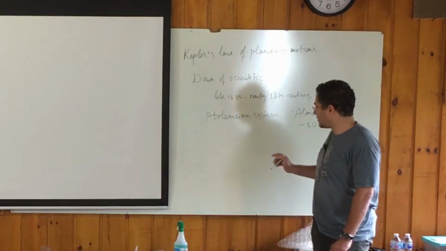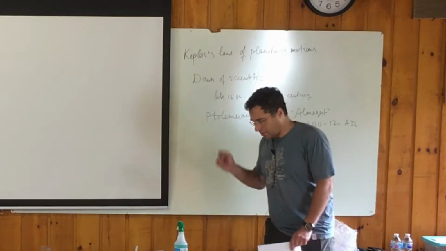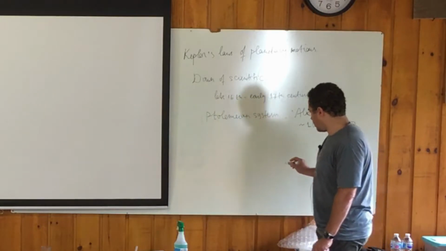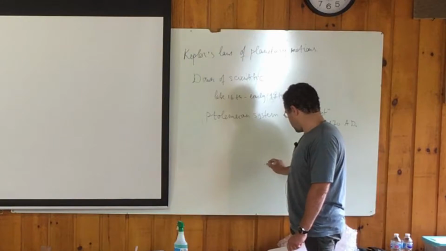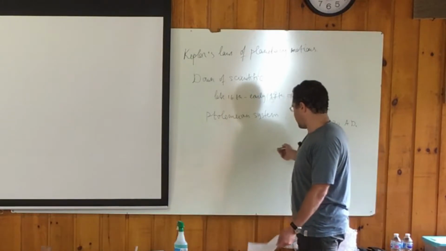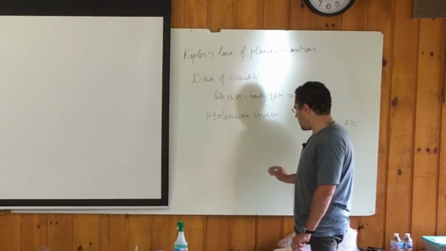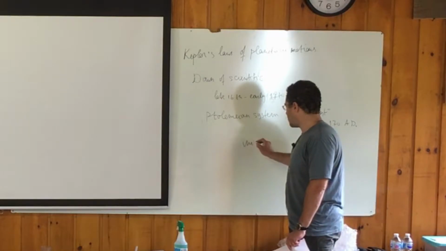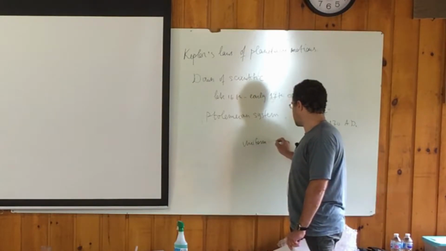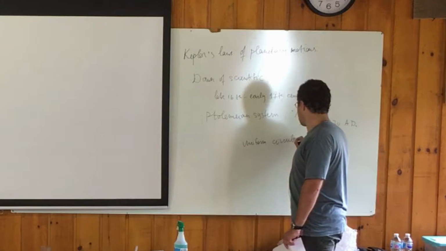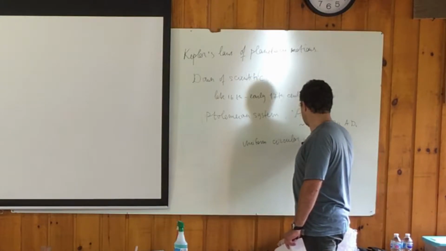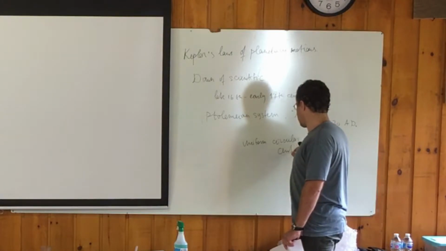Greeks thought that the motion of planets should be somehow based on uniform circular motion, centered at Earth.